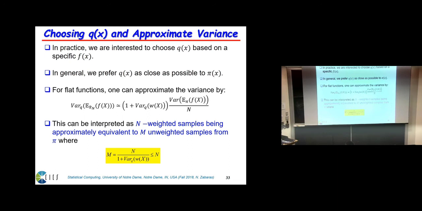So effectively, it's like taking n samples, but in reality, the equivalent number of Monte Carlo samples that you get is way less than n, because of this variance that we have.